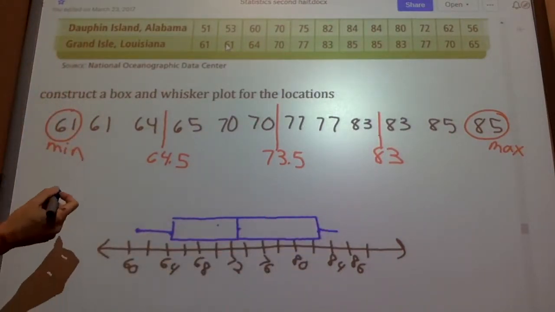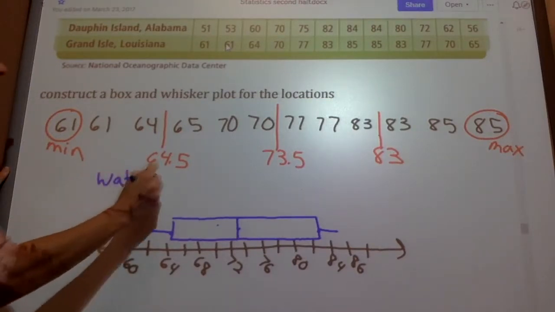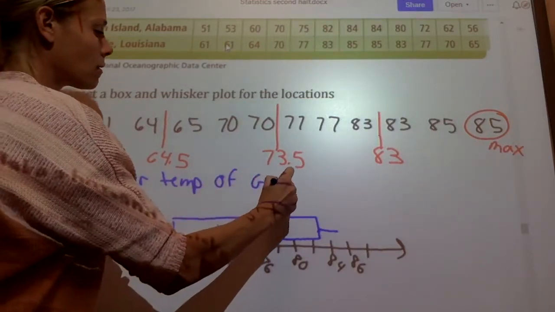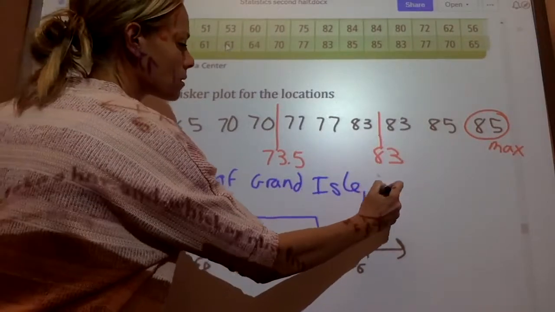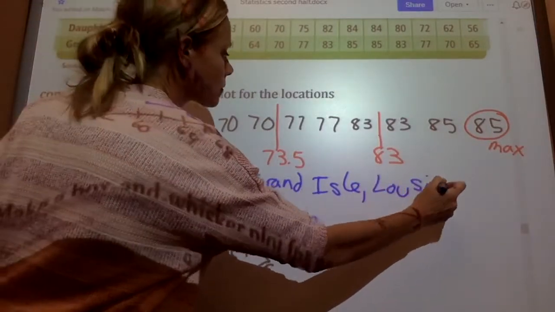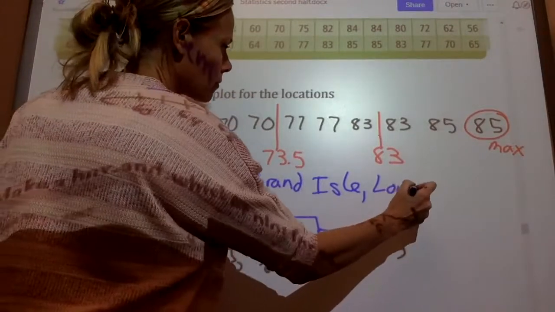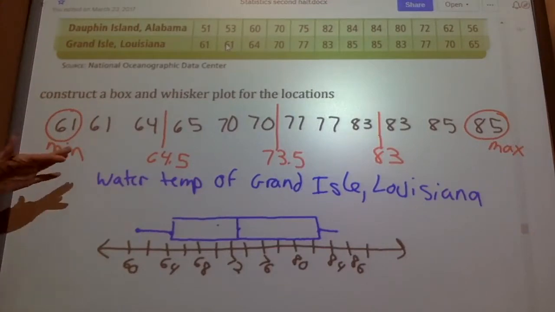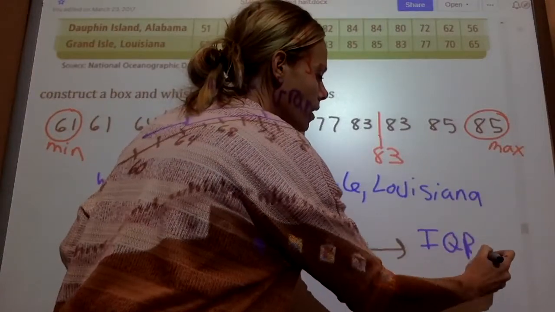Of course, to make this really professional, we would want to put a title: water temps of Grand Isle, Louisiana. And that's it. The last thing then would be what is my interquartile range?